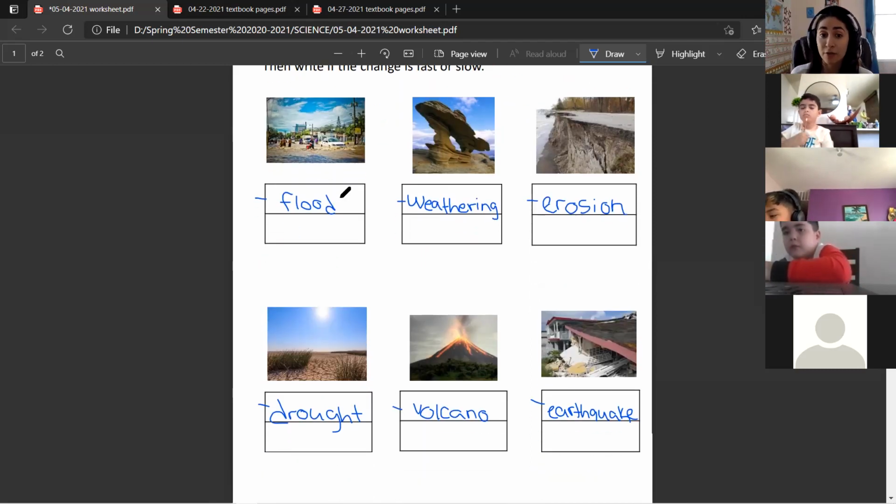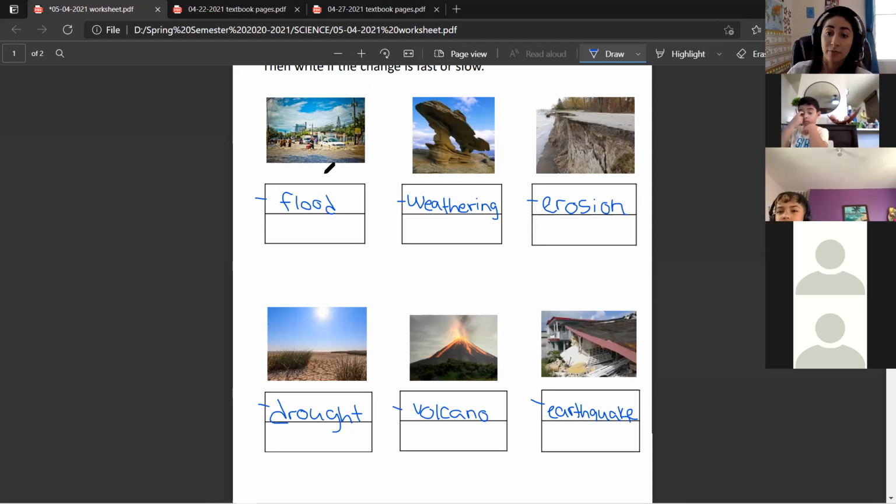Looking at the first picture, this is a flood. Is this a fast change or a slow change? Fast. So you would write fast underneath the word flood.